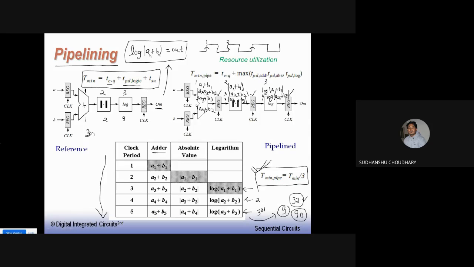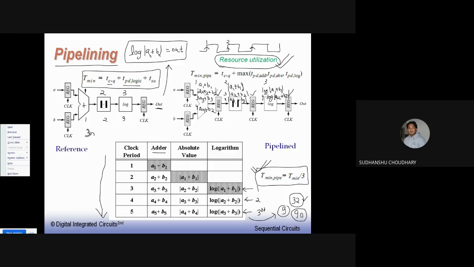In fact, you will find this term, resource utilization. The resources are completely utilized in the pipeline system. This is the main objective: you don't want any resource to sit idle. All these combinational logic blocks are resources. Earlier we had seen that in clock cycle 3, resource number 2 and 1 were both sitting idle.